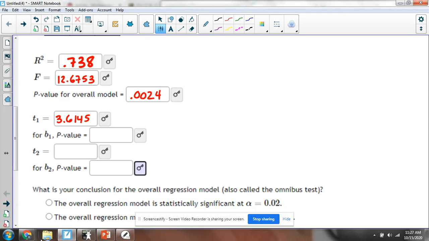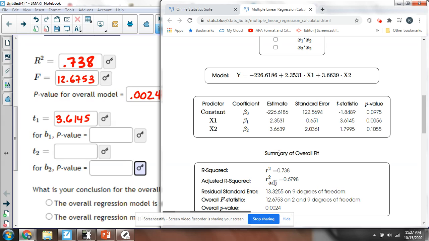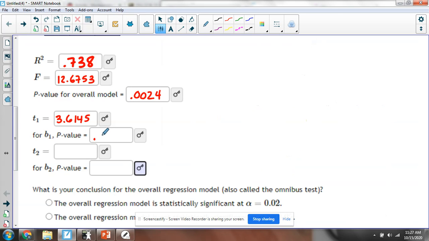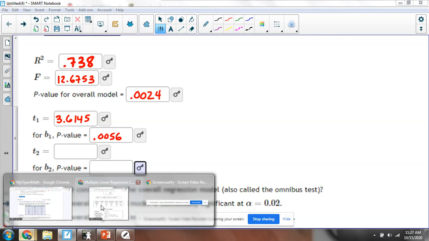And it wants the p-value associated with that statistic, or that coefficient. And here it is, 0.0056. All right, same thing for t2.